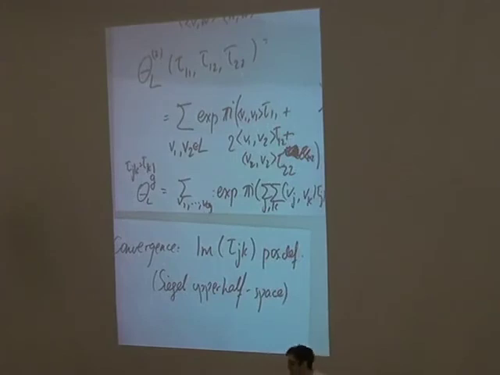And this function again has various invariance properties. So for instance, we have translations of the tau_jk.